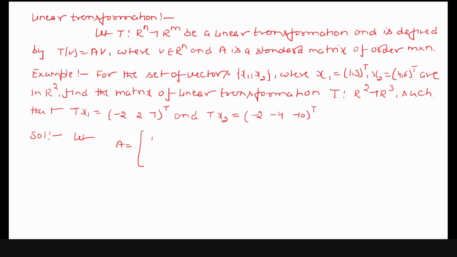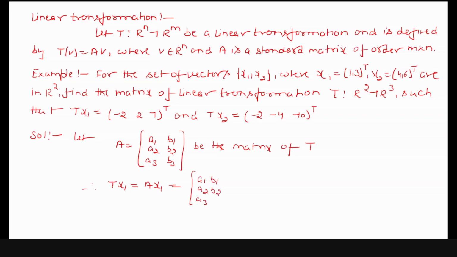So let a1, b1, a2, b2, a3, b3 be the entries of the matrix of this linear transformation T. Okay, so now therefore T of x1 is equal to A of x1, which is equal to [a1 b1; a2 b2; a3 b3] times x1, where x1 is (1, 3).